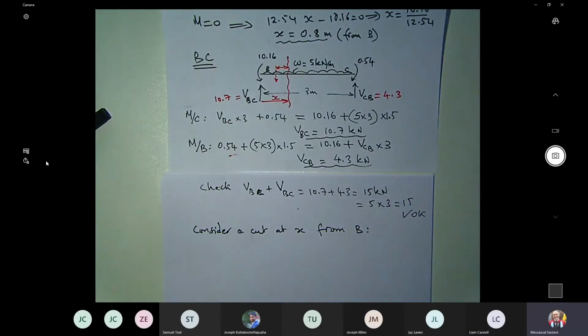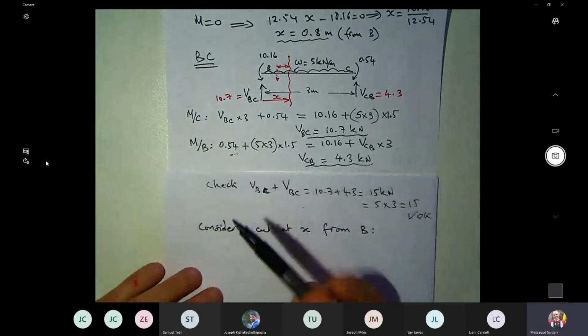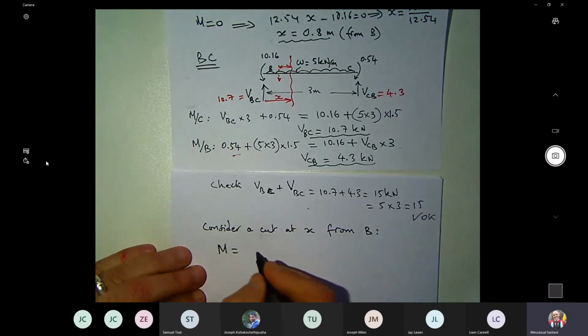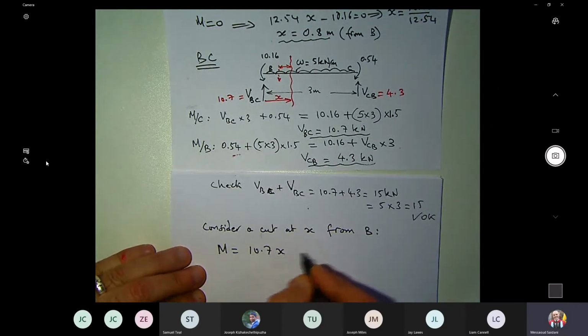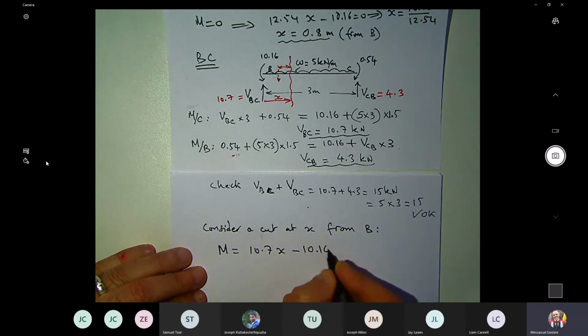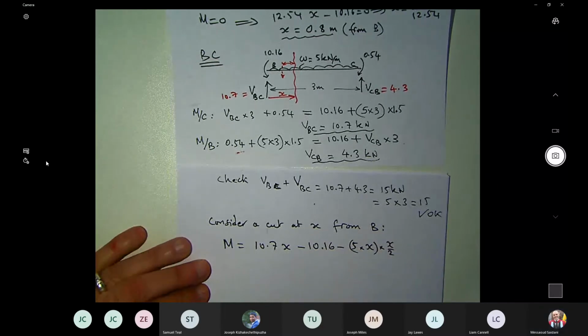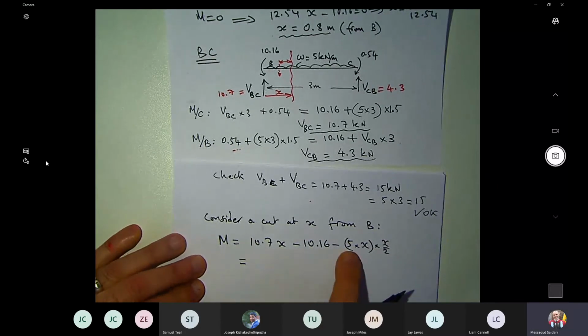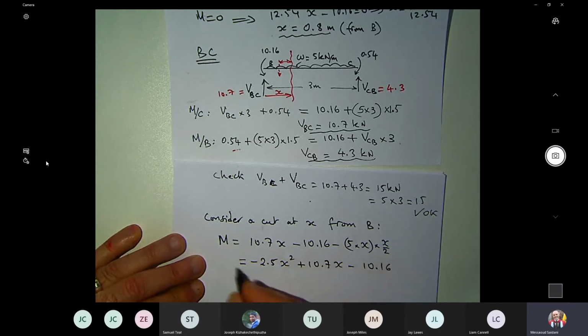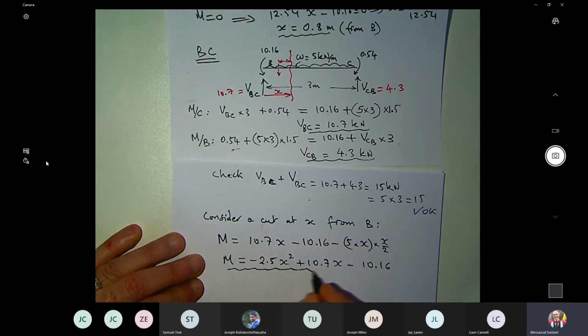Is that clear? Very straightforward. So we have M equals 10.7 times X minus 10.16 minus 5 times X over 2. Which I can write as 5 over 2 here is 2.5, so I have minus 2.5 X squared plus 10.7 X minus 10.16. And that's the equation of the bending moment.